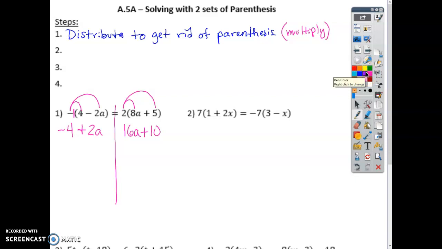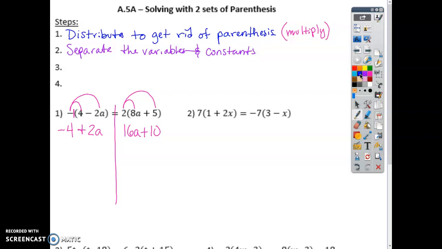Move the variables, right? So we're going to separate the variables and the constants. Okay, separate the variables and the constants.